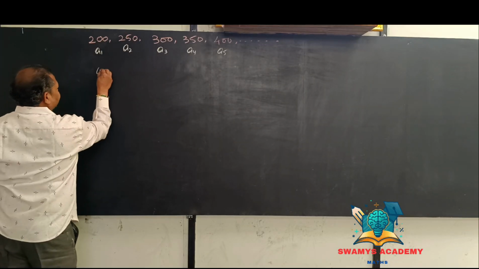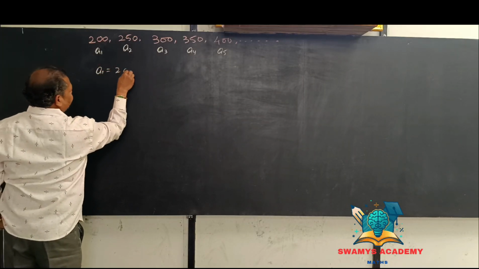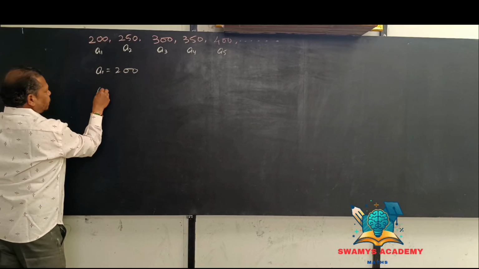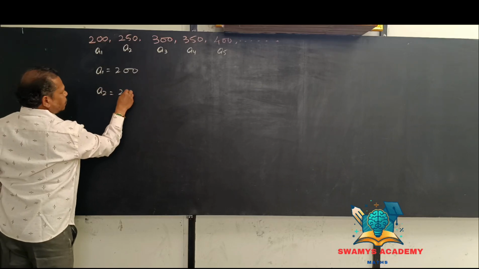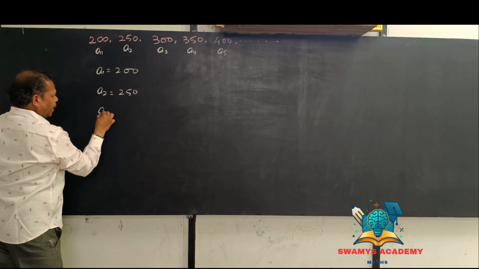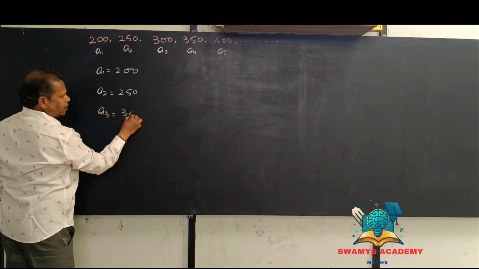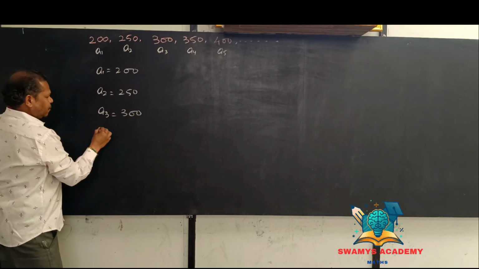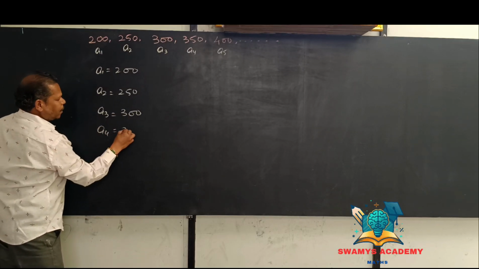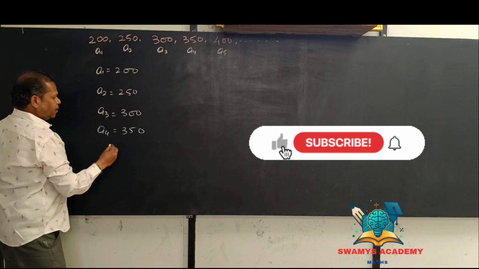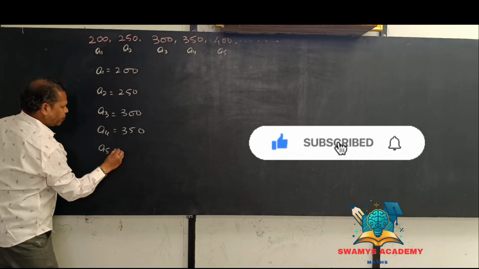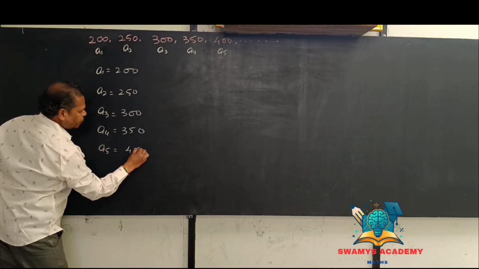A1 is 200, A2 is 250, A3 is 300, A4 is 350, A5 is 400.